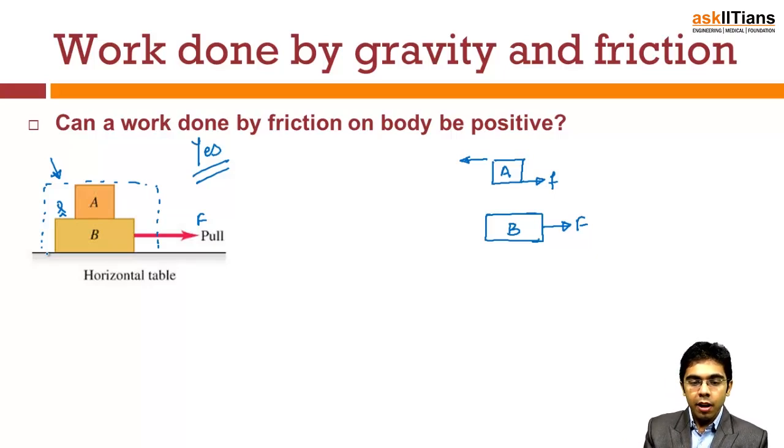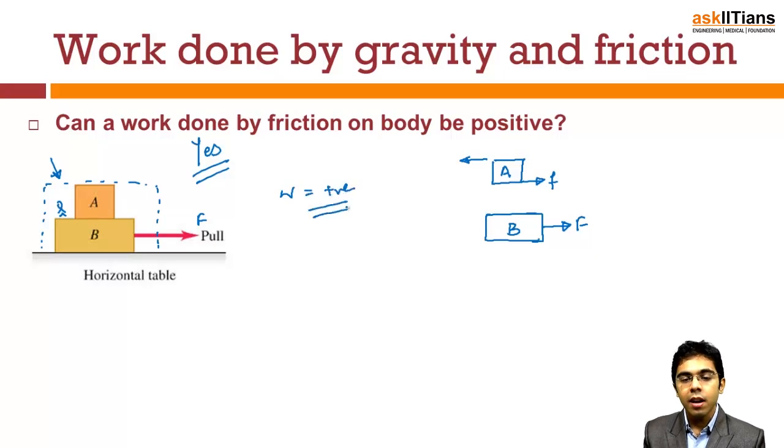Let's say the system makes a displacement S. For block A, the force of friction is along positive x direction and the displacement is also along positive x direction. So the work done comes out to be positive. This is the case where the force of friction causes the motion, not opposes it. So in this case, the work done by friction can be positive.